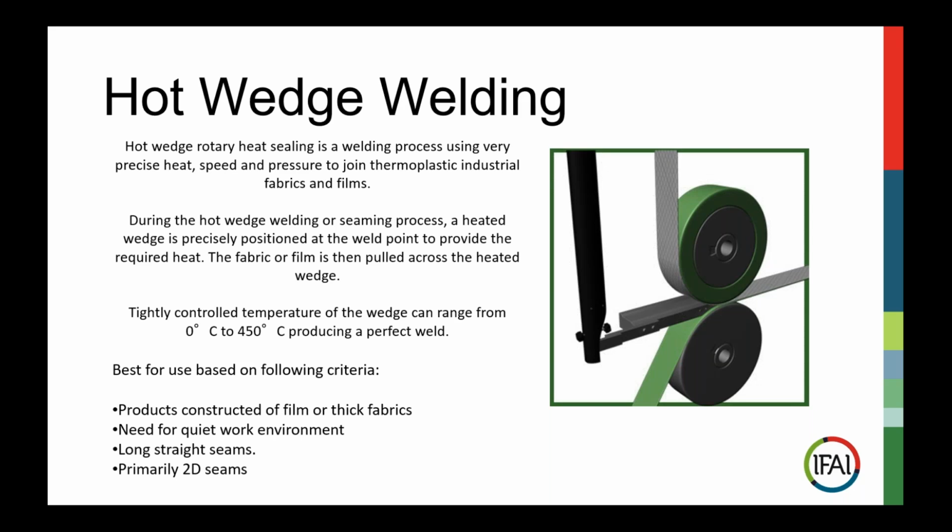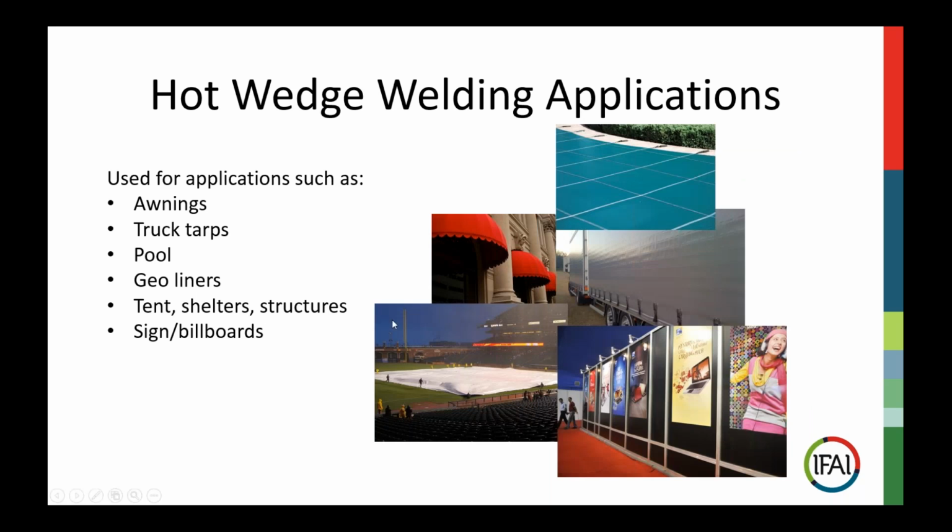With wedge welding, you're going to be able to create your hems, hemming cords, keders, single-sided keder, double-sided keder, pockets, weldable webbing, weld zipper, overlaps. Companies that would use this are making awnings, truck tarps, pool liners, tents, shelters, structures, signs, billboards, and so on and so forth.